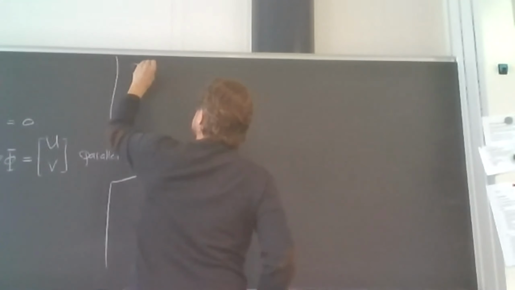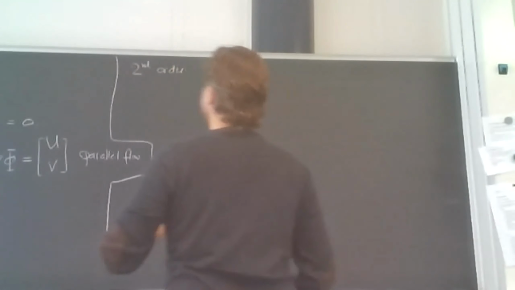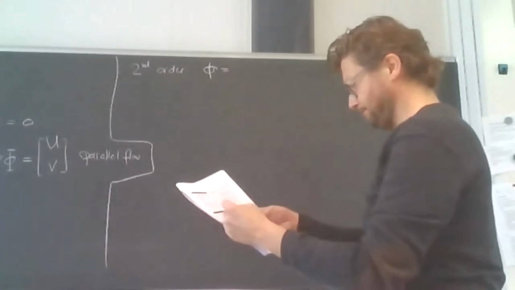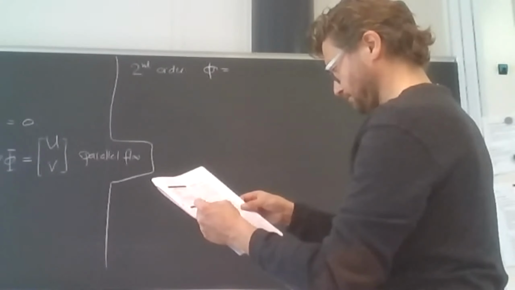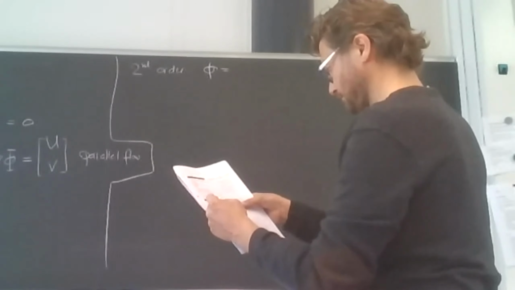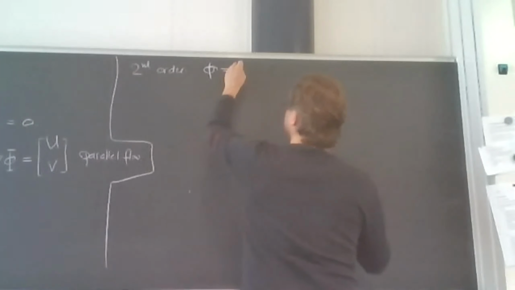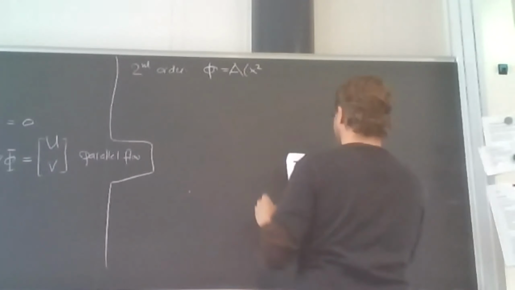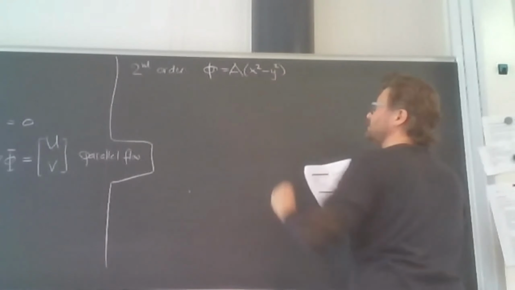Second order polynomial: phi equals a times x squared minus y squared.